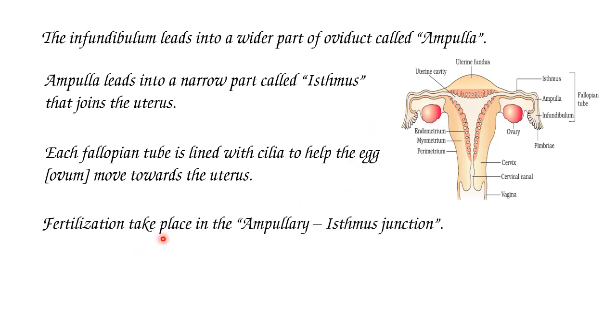Fertilization takes place in the ampullary isthmus junction. The fusion of the male and female gametes, that is sperm and ovum, occurs at the junction of the ampulla and isthmus region.